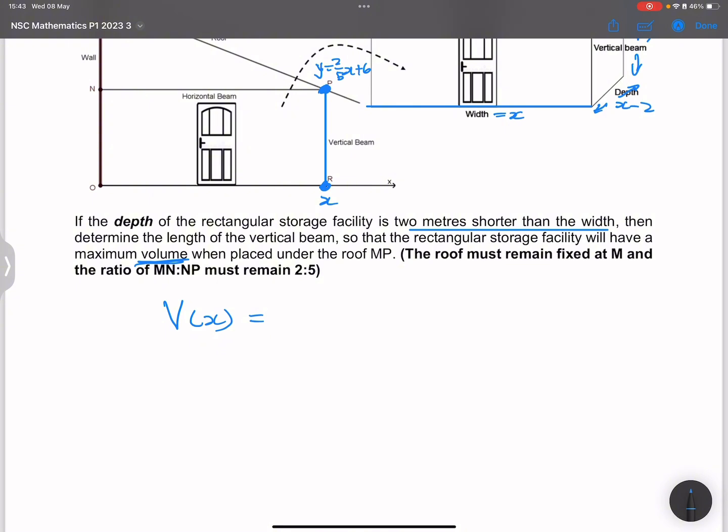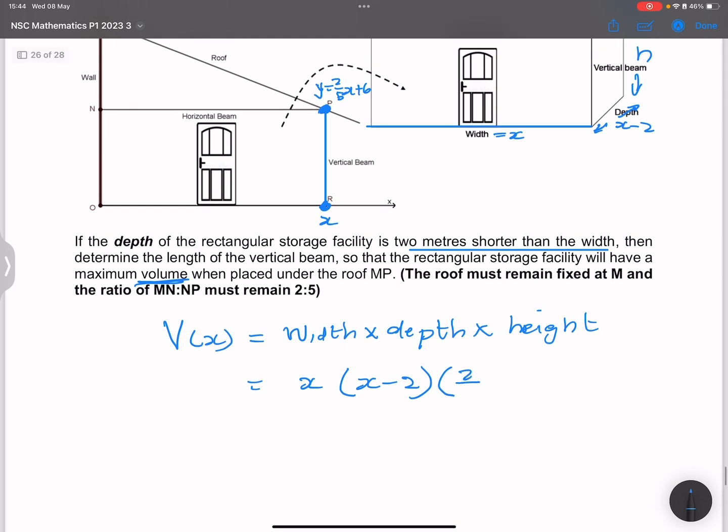So we're going to say width times the depth, and this is multiplied by the height. We know our width was x, multiplied by our depth, x minus 2, and we said our height is 2 over 5x plus 6.